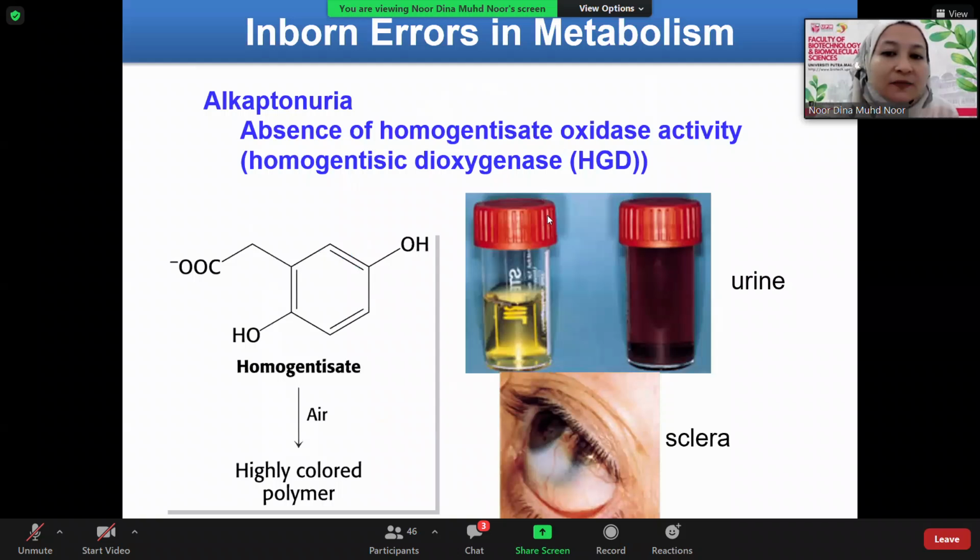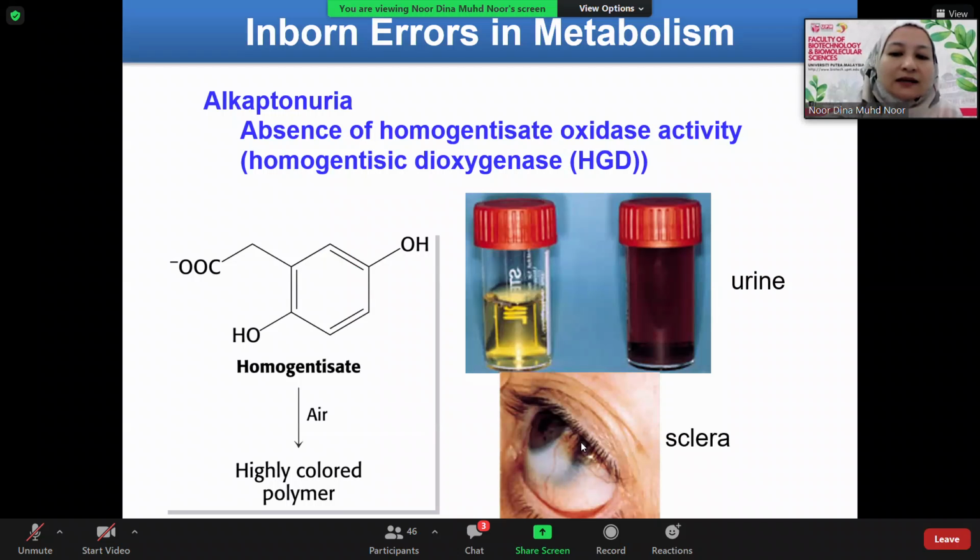This can cause the urine of this patient to become darker because it's easily oxidized. This is normal urine, but for a patient with alkaptonuria, they're going to have this black urine.